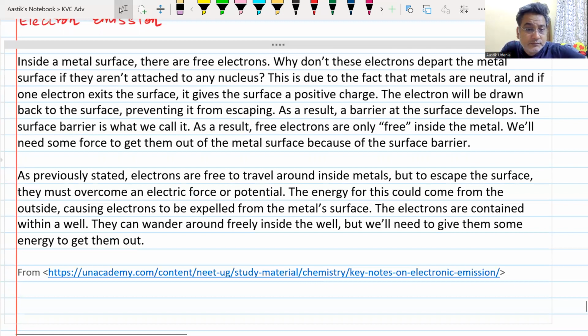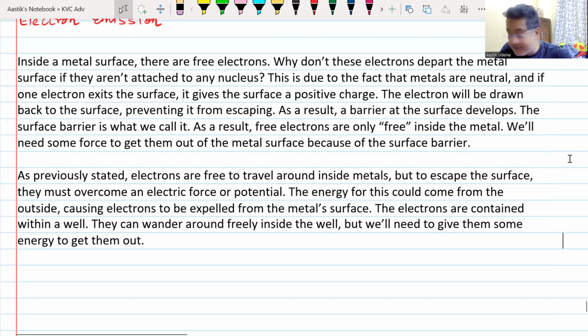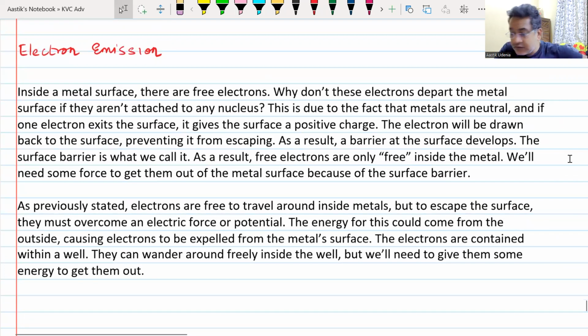They have to overcome something known as a barrier. We are going to call it the work function. So they are not free to leave the metal surface.